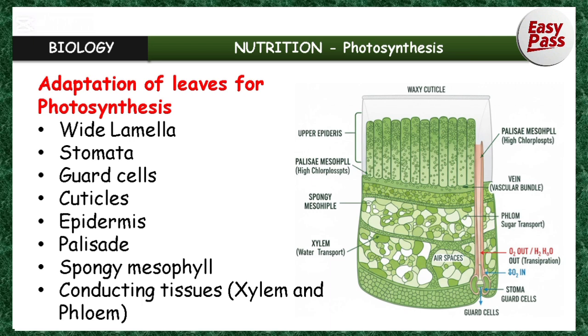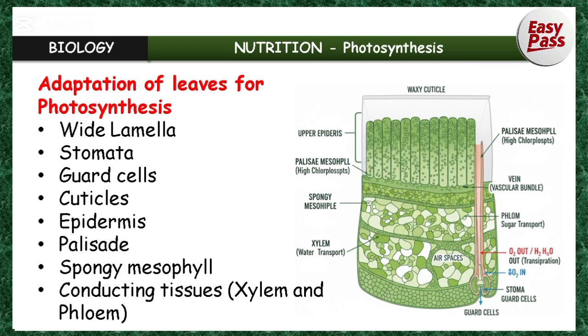The leaf also has what we call guard cells. The guard cells, as the name implies, are two in number. Their role in photosynthesis, I would say, is twofold. One, they have a bean-like shape when they are turgid, so that gas can come in and go out of the leaf. The guard cells also have enough chloroplasts, so they are also involved in the production of glucose in plants.